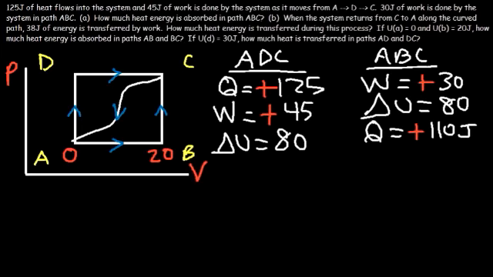So if A is 0, C is 80 joules higher than A. So at C, the internal energy is 80. With that information, we can calculate Q. Now, the work done for any isochoric process, which is B to C or A to D, is 0. So let's make some space.